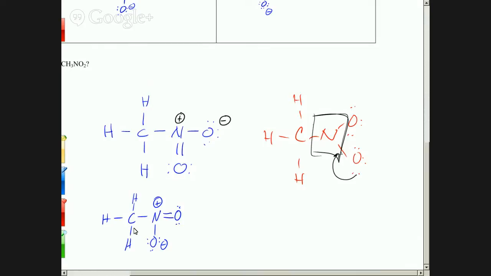How do you know? Right? So it kind of seems like they're the same. They're actually not quite the same. There's something called resonance structures. So the relationship between these things is that we call them resonance structures.